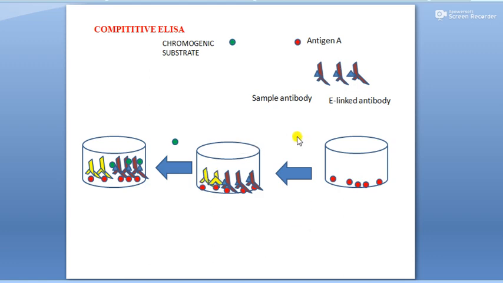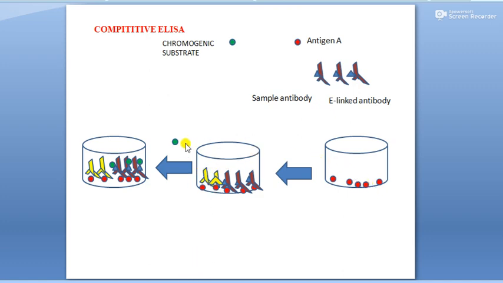After that, we add sample and the enzyme linked antibody into the microtiter plate. After adding this, both the sample antibody and enzyme linked antibody compete with each other and bind with the antigens.